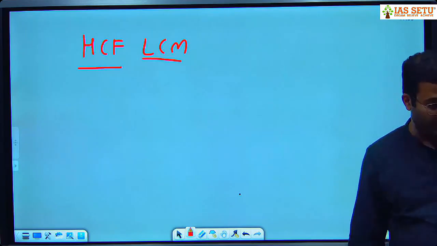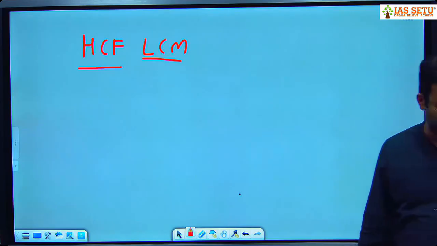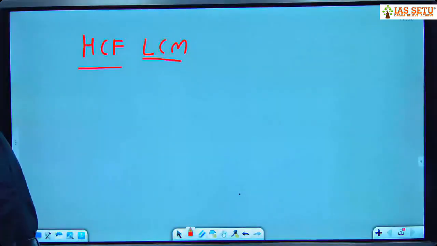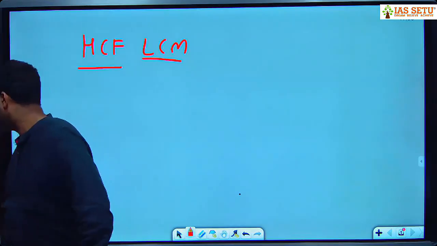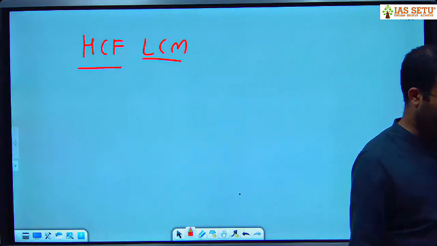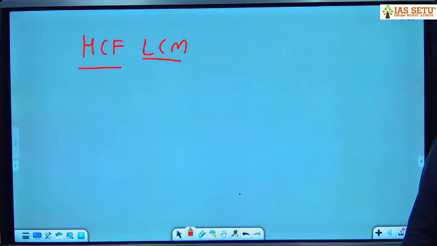All of you are comfortable with the basic of HCF and LCM? Okay, so now here I give you two property on LCM. If I have given in basic classes, it will be a revision, otherwise it's fine.